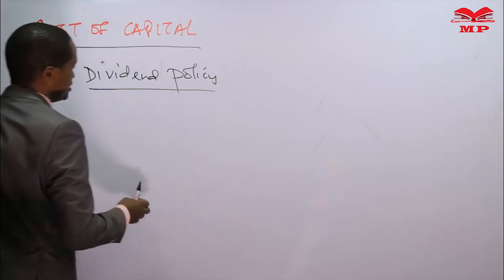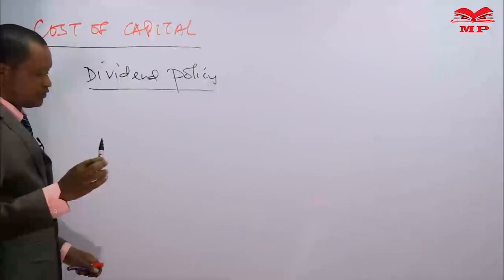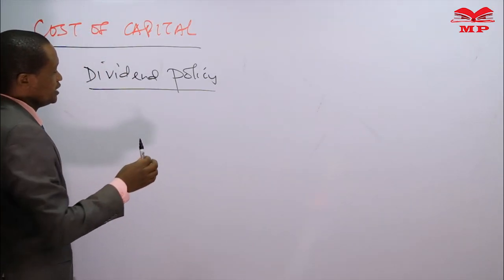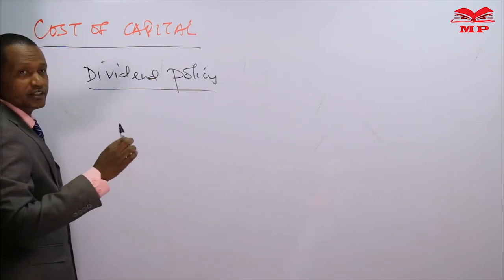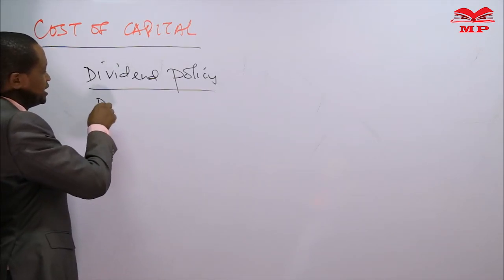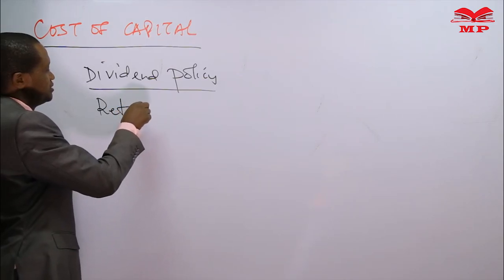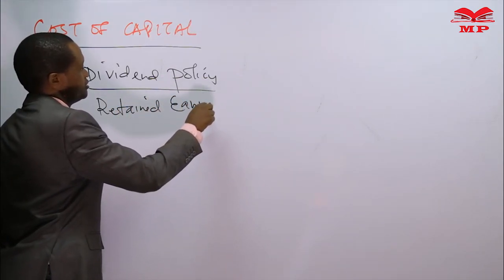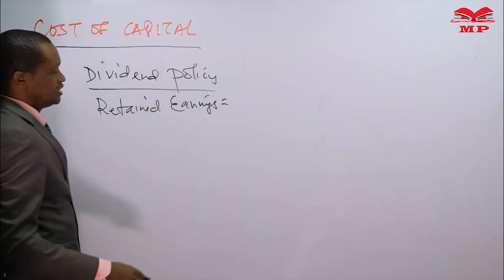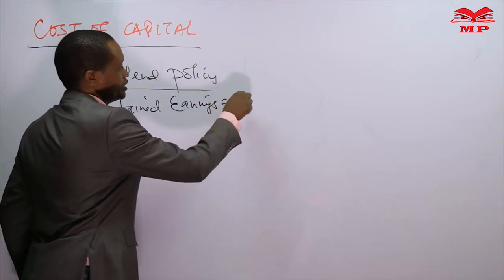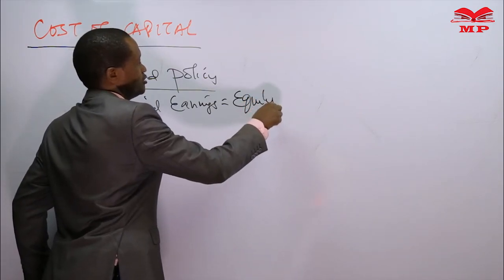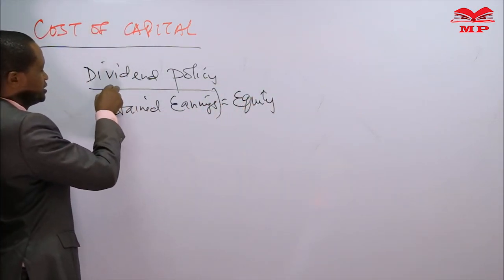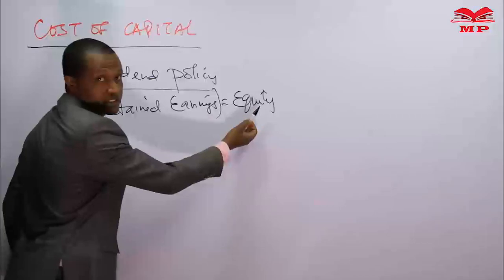So that if the cost of obtaining retained earnings, remember, retained earnings is a form of equity because these retained earnings belong to the shareholders.